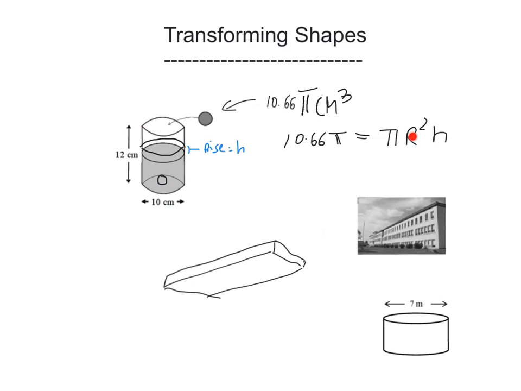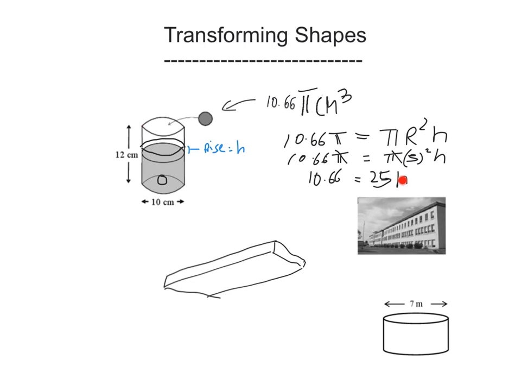So we can plug in 5 for r in this equation. Now if you notice, there's a pi here and a pi here. Whenever you have that situation where you have the same term on both sides of an equation, you can just cancel them out. So we're going to cancel the pi's, and we end up with 10.66 equals 25h.